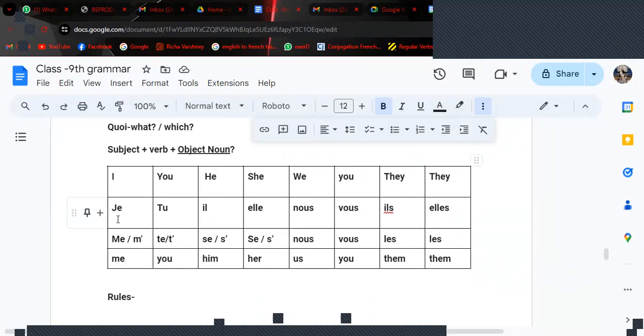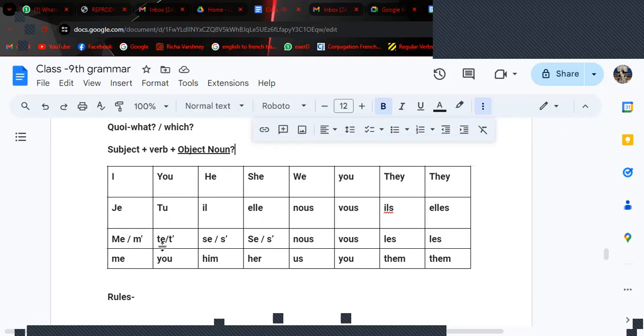That je, we have learned, je means I, tu means you, il means he, elle means she, nous means we, vous means you, ils means they, elles means they. Right? Pronoun sujet. Now, what is pronoun COD? It will be me, or m' if a vowel is there.